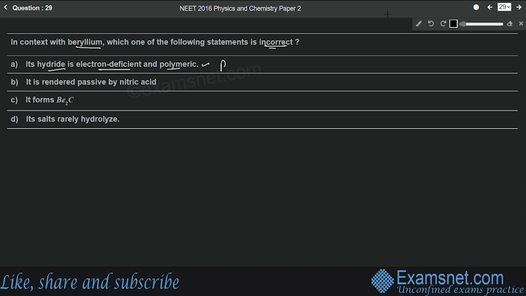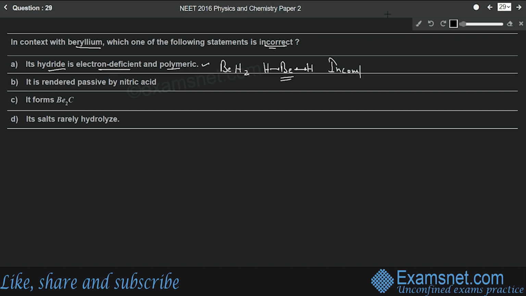Beryllium hydride means BeH2. Now we know that beryllium has 2 electrons in its outermost shell and each hydrogen has 1 electron. So this is how bond formation takes place, and the total number of electrons around beryllium in beryllium hydride is 4 now. Okay, so we can say that the octet is incomplete.